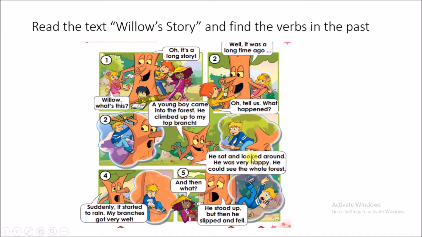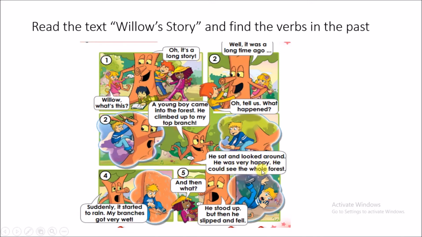He sat and looked around. So we have two verbs here, sat, which is an irregular verb, and looked, which is a regular verb, because it ends in ed. He was very happy. Again, was is an irregular verb.